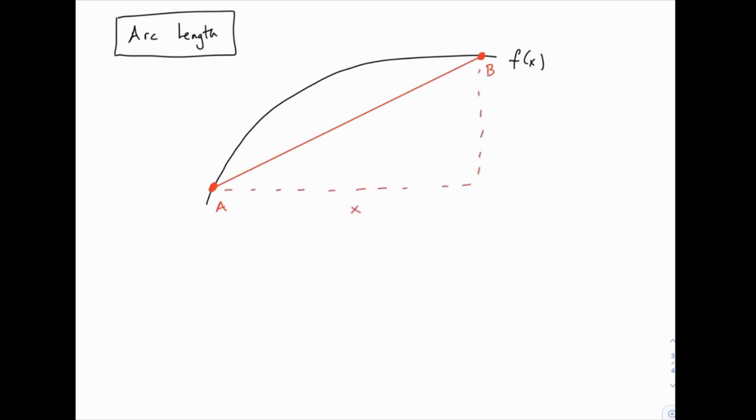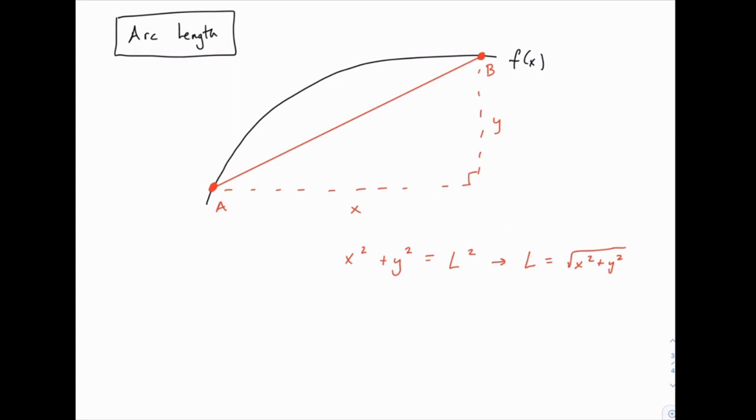If this distance is x and this distance is y, we have a right triangle, so we can set up the Pythagorean theorem, x squared plus y squared equals L squared. And then the length of L would just be the square root of x squared plus y squared. And of course it's the positive square root because length is a positive value.